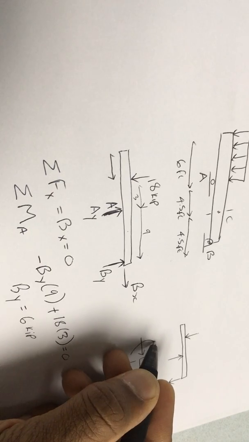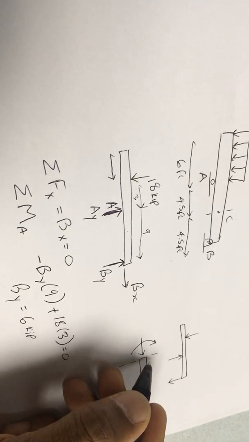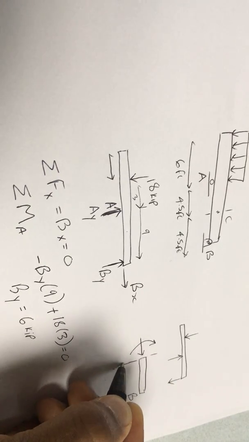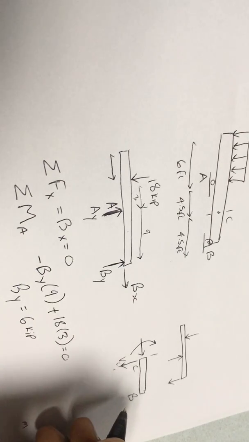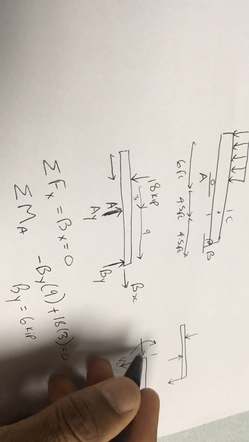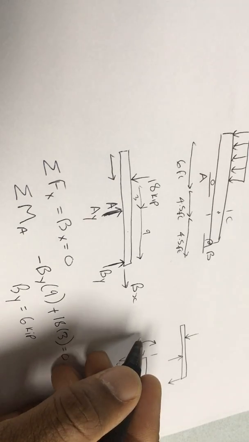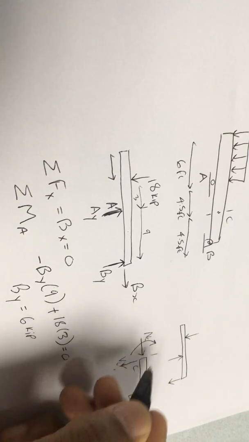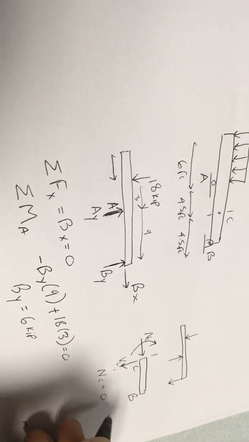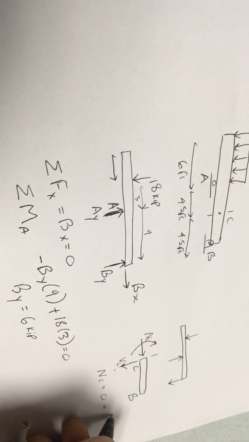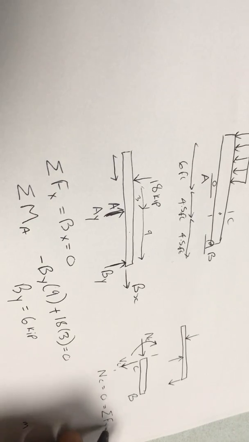And we have some reaction moment, and we also have the shear force acting downward, VC at point C, right? Summing the forces about the X, we can say that normal force at C would be equal to 0, which is equal to summing the forces Fx, right?